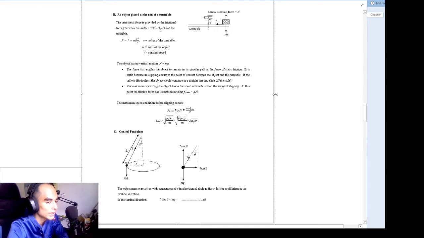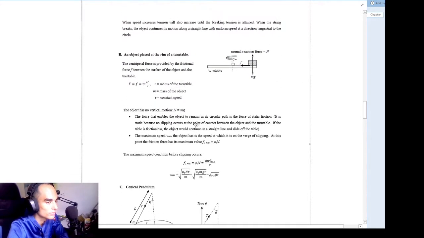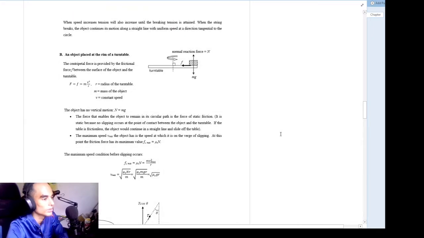So if an object is placed on the rim of the table, let's say an object is placed on the table with friction between them. This is a side view, mg pointing down, normal pointing up. The object has no vertical motion, so N equals mg.